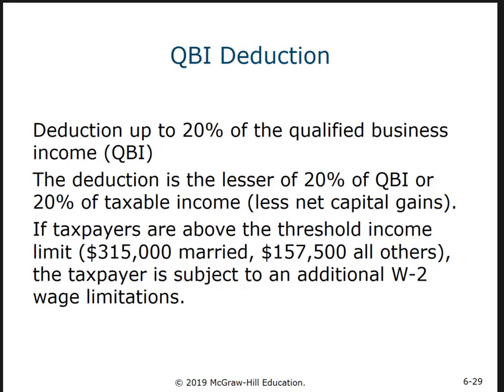So for most businesses, as long as it qualifies as a business, they get to take this deduction until their income is over those thresholds, and then you have to look at which restrictions apply in this type of scenario.